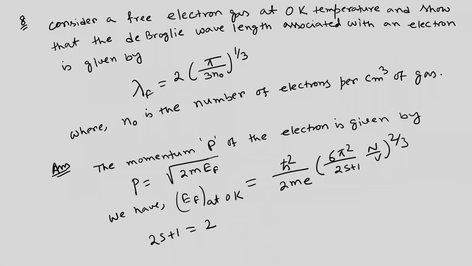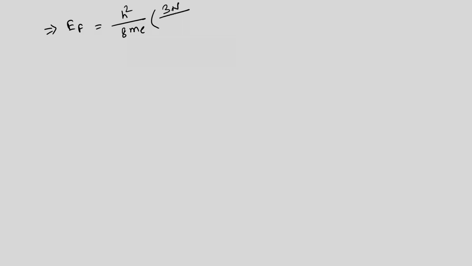So, we get EF is h to the 2 by 8 me, 3n by pi v to the 2 by 3.